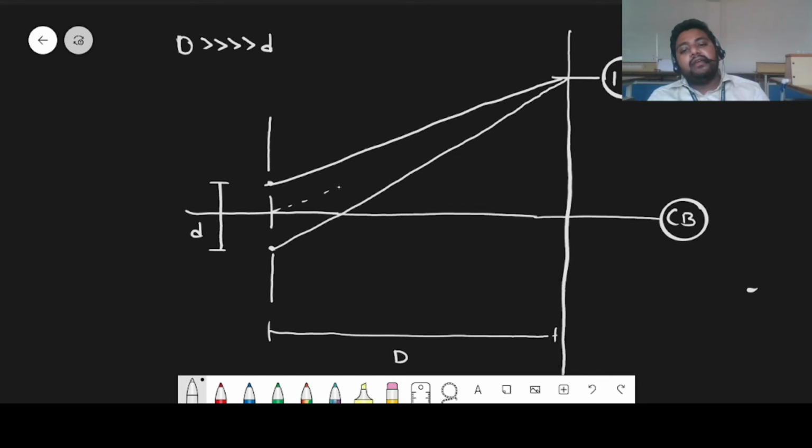Let's say the angle that you are having here is theta. If you draw a normal from here to here, making an angle of 90 degrees, this will be theta. If this is theta, you are having one right angle triangle. This is how we are having it here.